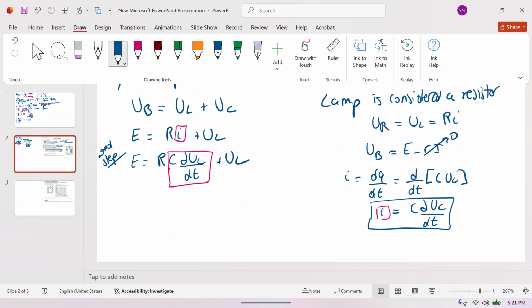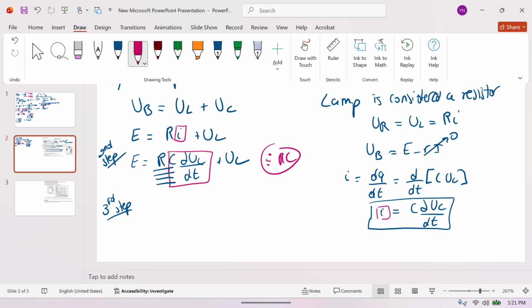Now, I told you that we can have a third step, but they didn't ask for it here in the question, which is keep the derivative by itself. duc over dt shouldn't have any quantity next to it. Here we have RC next to duc over dt. If I want to get rid of this, I have to divide the whole thing by RC. I divide by what's next to the derivative.